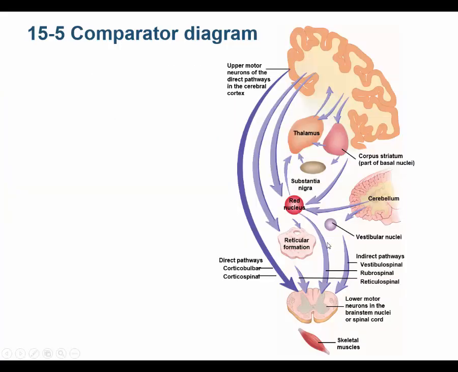Now, this is also a comparator diagram. Believe it or not, it shows you the same thing. It does add a couple levels to what I just told you. It shows you the rubrospinal tract. It shows you the reticulospinal tract. It shows you the vestibulospinal tract. All right, it shows you these tracts.